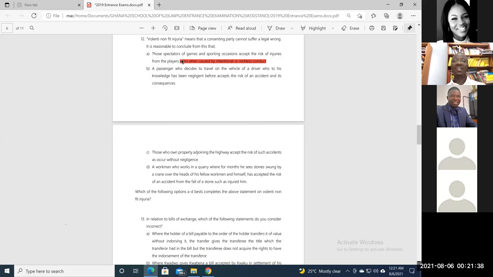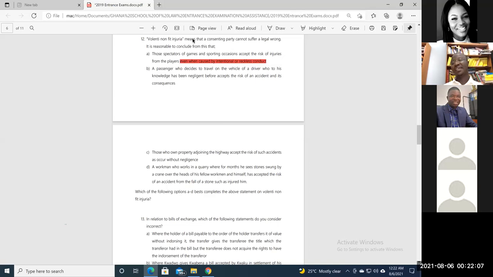He said that from the players, even when caused by intentional or reckless conduct. So let's suppose a football game, and the reckless conduct here is not only directed at the spectator, right?